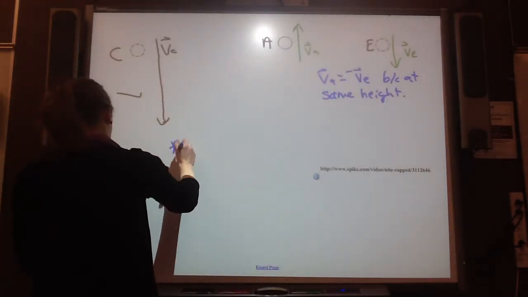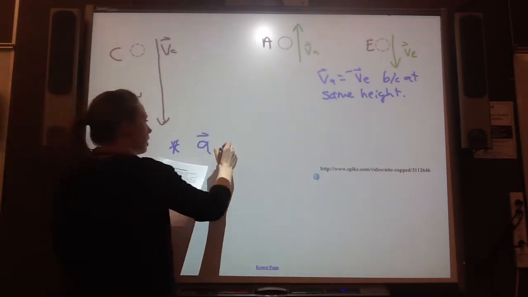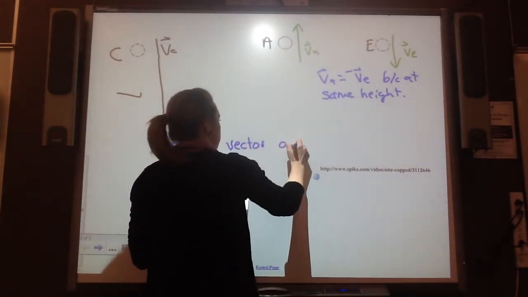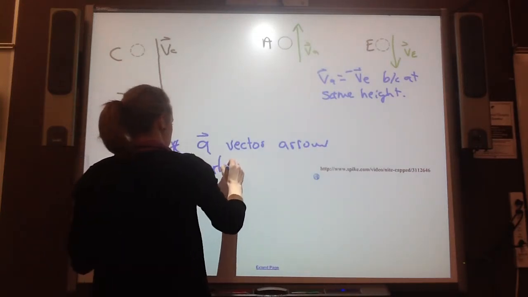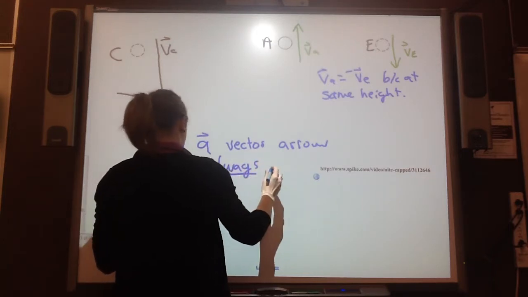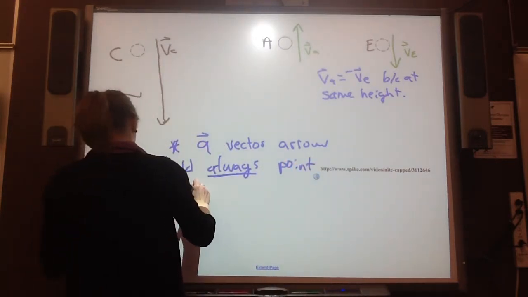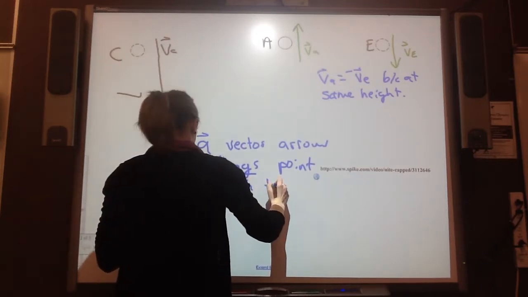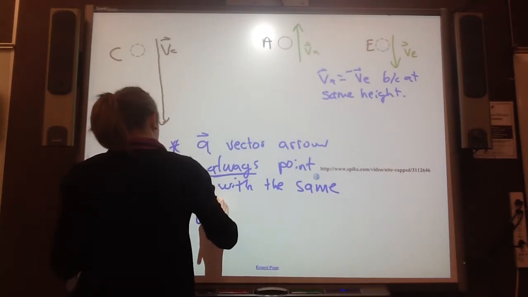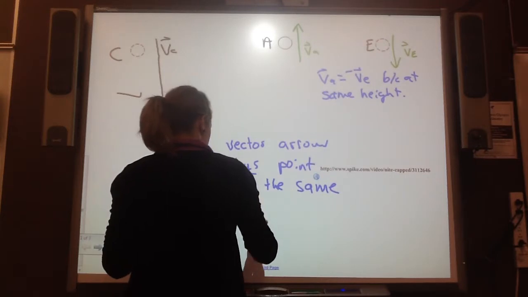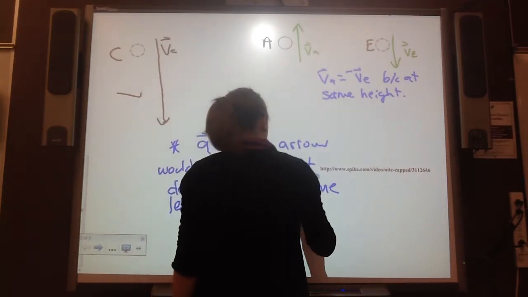Note here, the acceleration, so A, our acceleration vector arrow, would always point down with the same length at all locations.